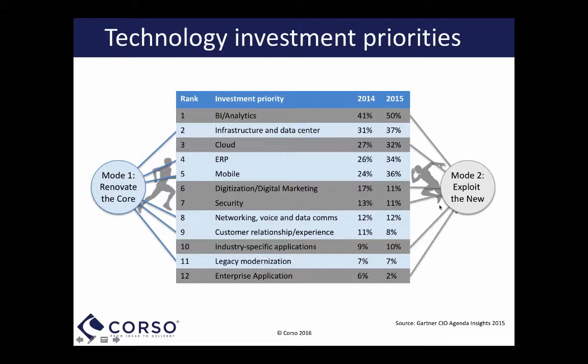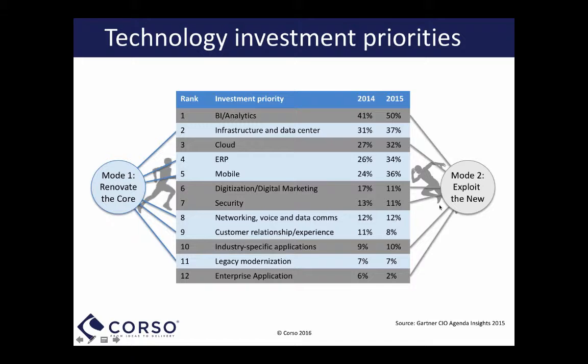We can see a clear distinction here of mode 1 type investment priorities around infrastructure, ERP, mobile networking, legacy modernization, and mode 2, which is analytics, the cloud, digital marketing, security, all the elements we talked about before. All these are the top investment spends, and you can see that half of those are on mode 2. That's why we have this emergent architect that's looking at incorporating these elements, a lot of them disruptive, into our core architecture.